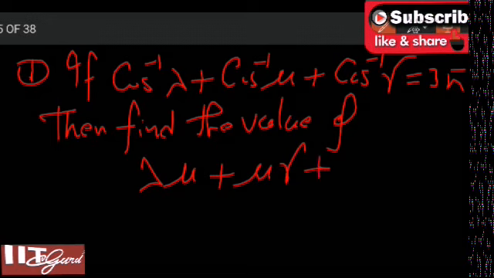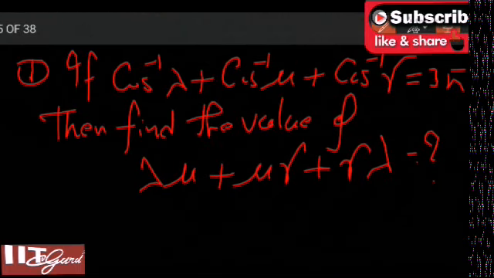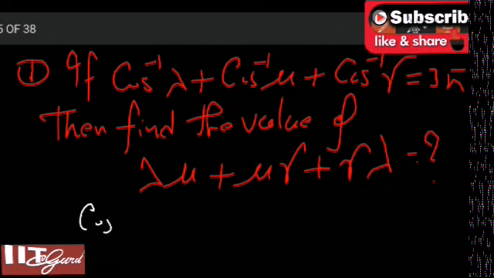The right side is 3 pi, so each should be pi. Hence cos inverse lambda equals cos inverse mu equals cos inverse gamma, all equal to pi.